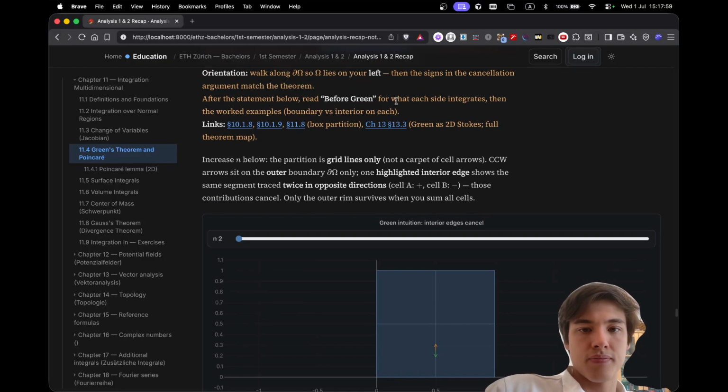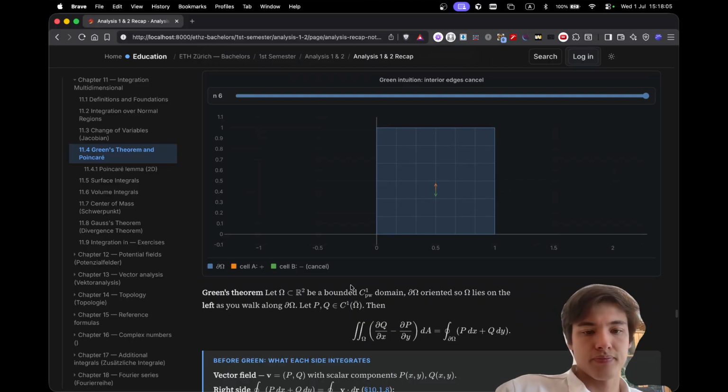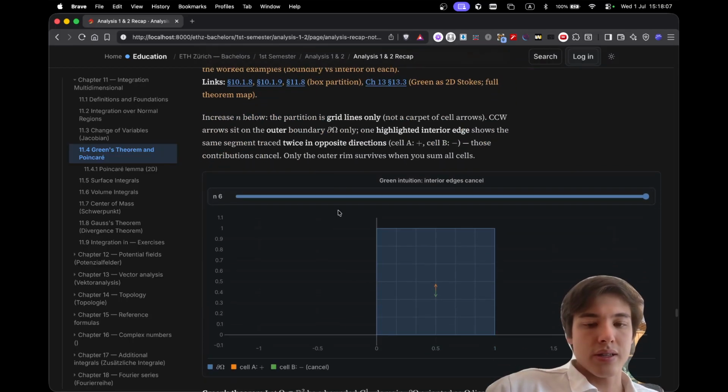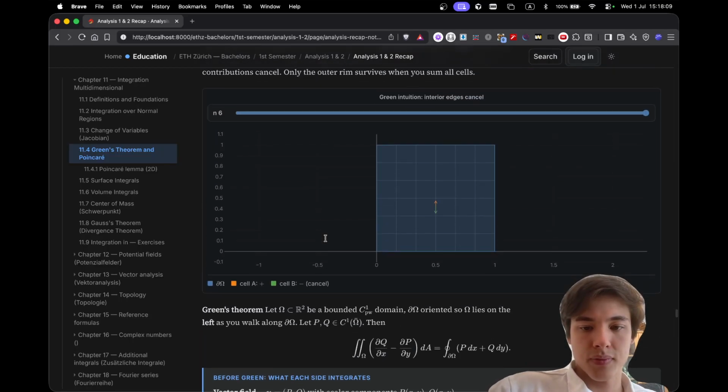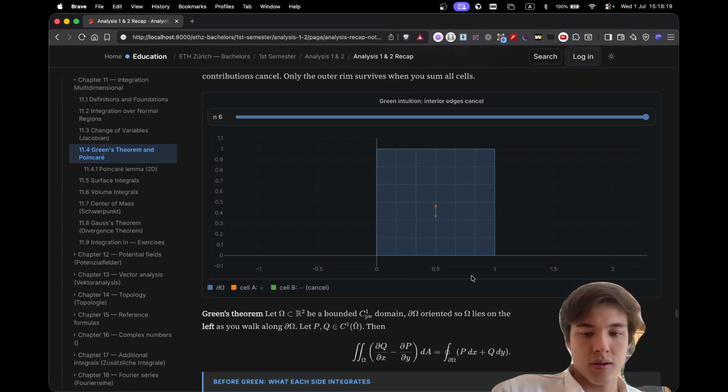And yeah, it doesn't matter here. So yeah, Green's theorem. It's bounded. You have a path around the boundary. So we walk along.